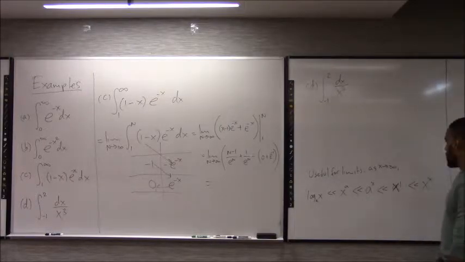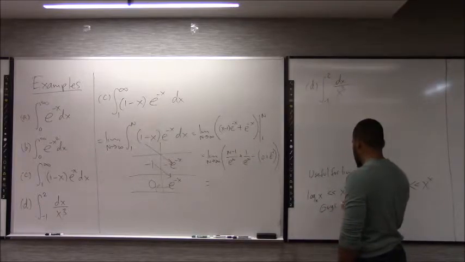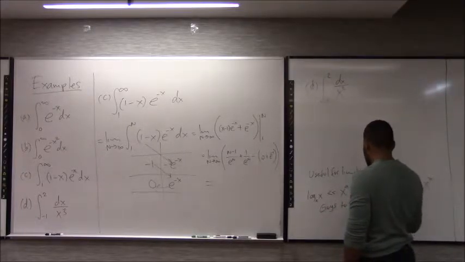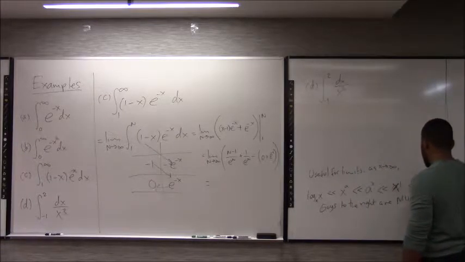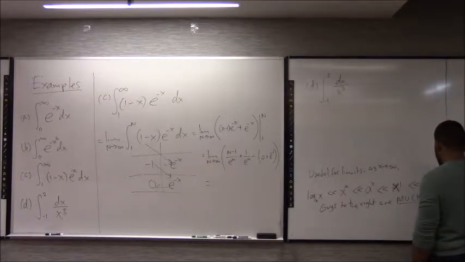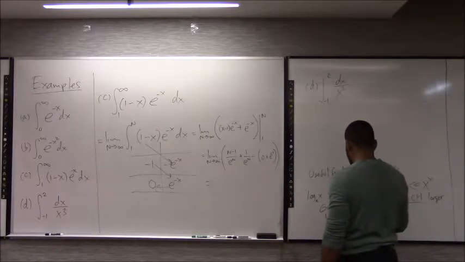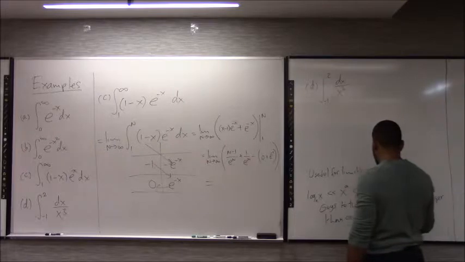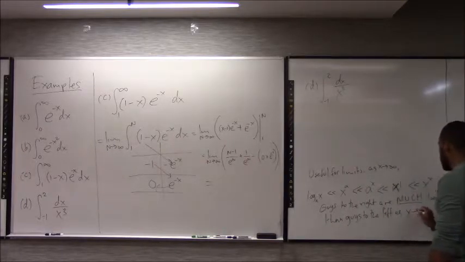And this basically says that guys to the right are much larger than guys to the left as x goes to infinity.